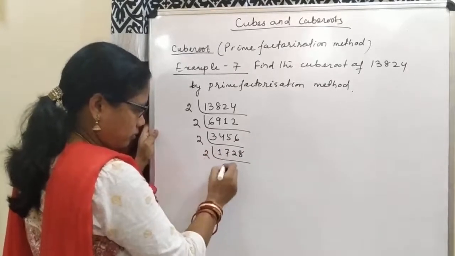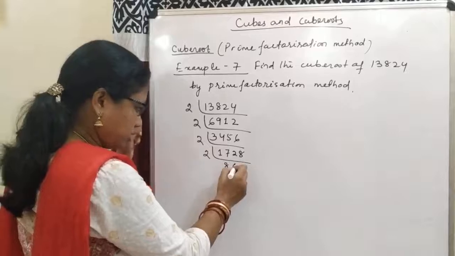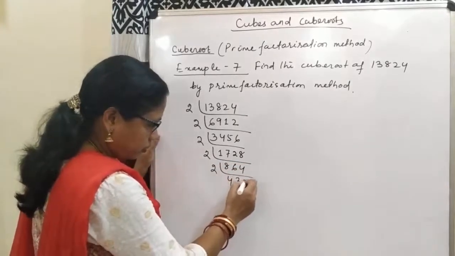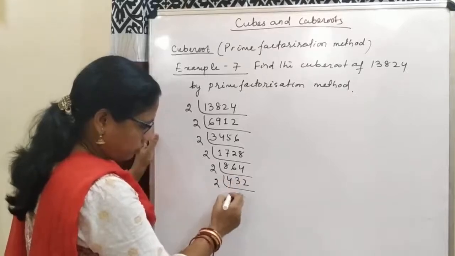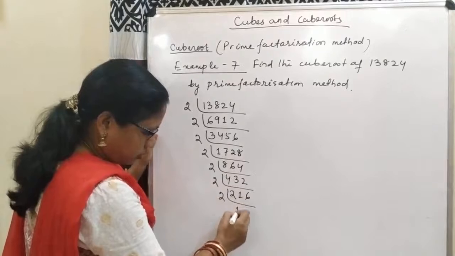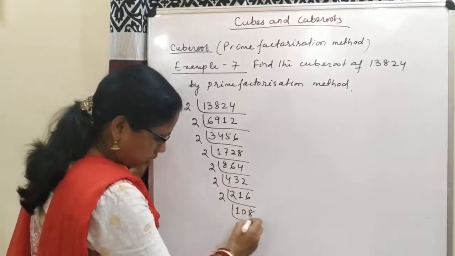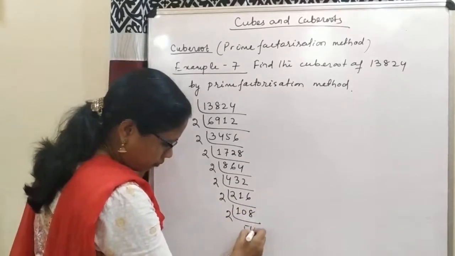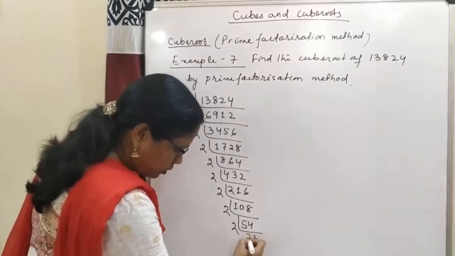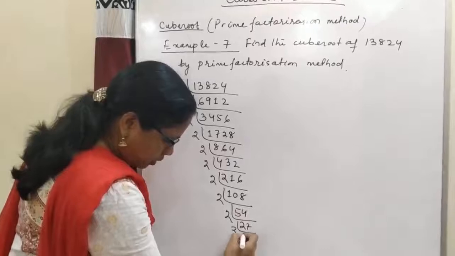Then 2, 8 6 4. Then 2, 4 3 2. Then 2, 2 1 6. Then 2, 1 0 8. Then 2, 5 4. Then divisible by 2, that is 27. Then 3.